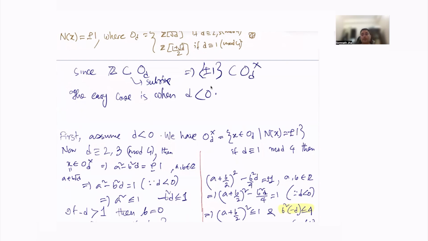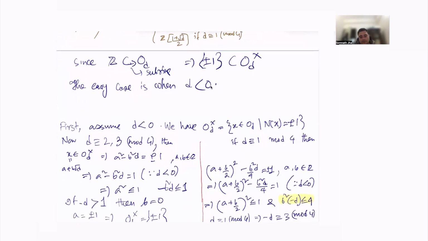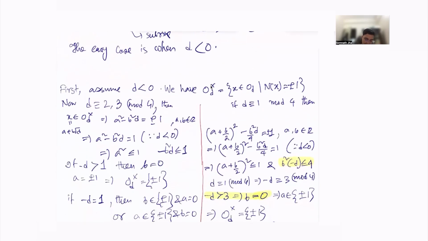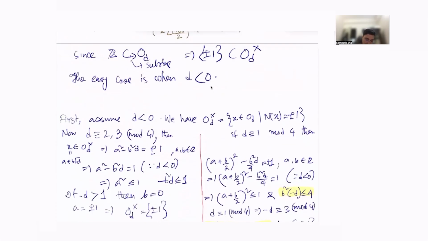It's a subgroup of O_d. These two units are always there because they're already units in Z, and Z is sitting inside O_d. So that means plus or minus 1 is always there. So here we are reduced to the case of plus or minus 1.